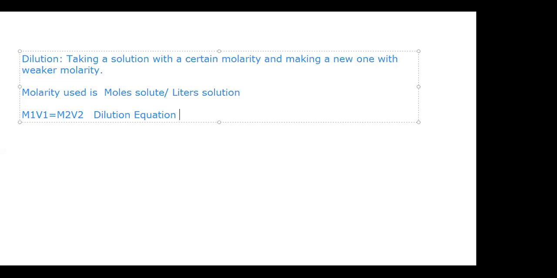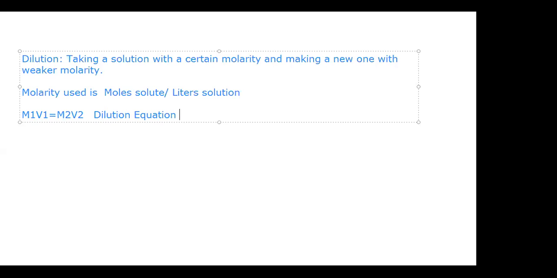What people generally buy are big jugs of 12 or 24 molar hydrochloric acid. Then as the chemistry teacher, you use this equation to do a dilution. You take a specific amount of your 12 molar and turn it into 1 molar. It's pretty easy once you get used to it.